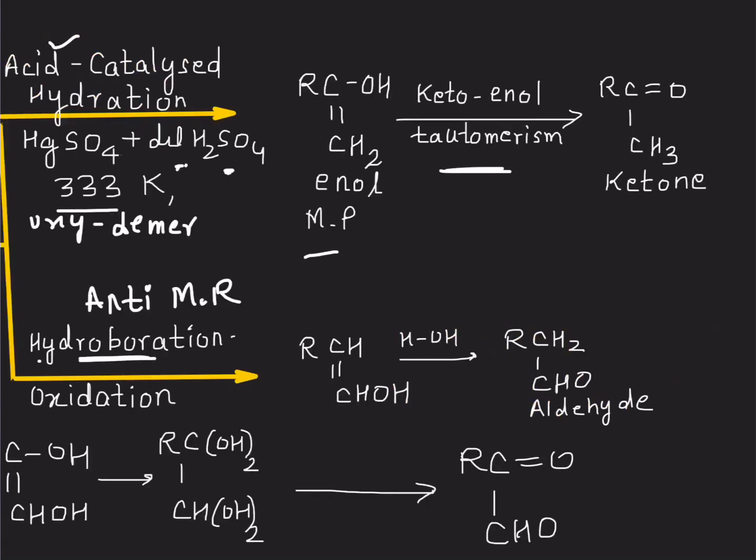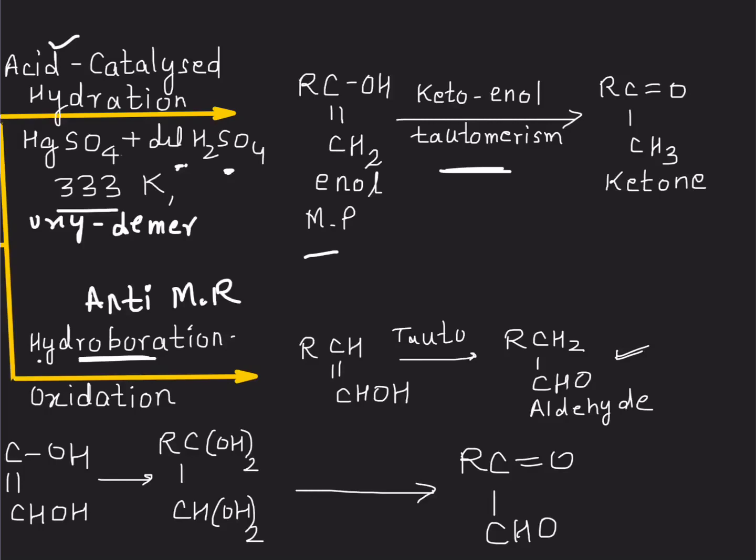So if you look at this chart, I think there was a small error that I had made. Please correct it. I am sorry for this. So RCH double bond CHOH, instead of just showing this, you can write tautomerism over here, and this gives us an aldehyde as the major product.